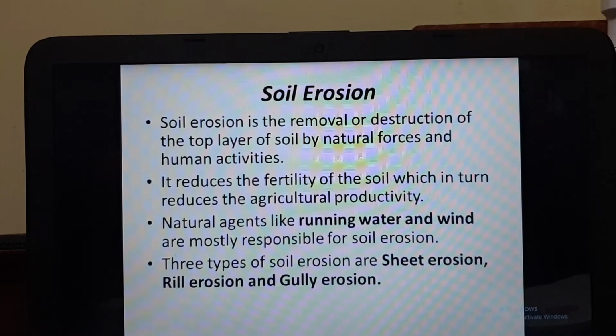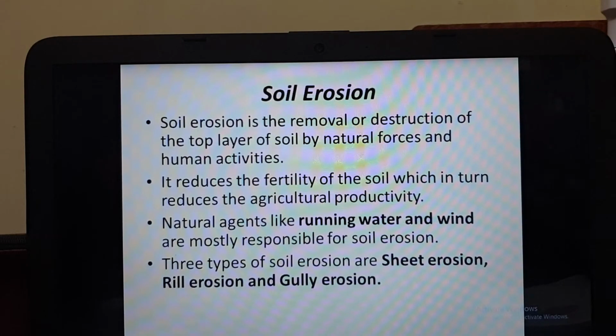What happens when soil erosion occurs? It reduces the fertility of soil, which in turn reduces agricultural productivity. So when soil erosion occurs, the fertility of the soil gets reduced, and due to that agricultural productivity also gets reduced.